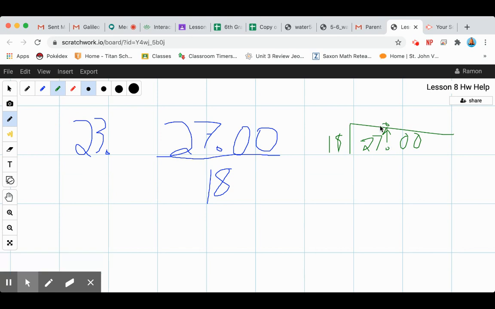So again, we'd place the decimal above itself, and then you just would continue with your long division. 18 goes into 27 once, multiply, subtract, and then bring down.